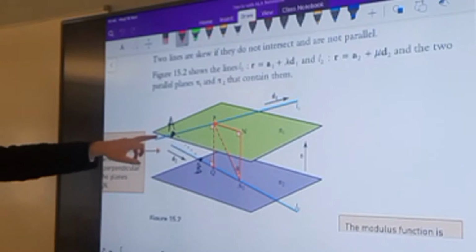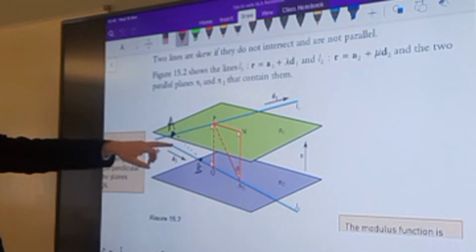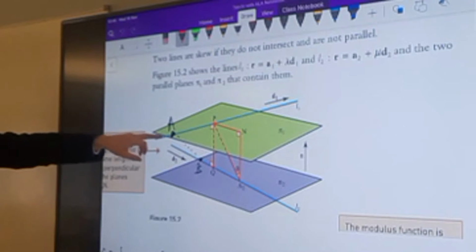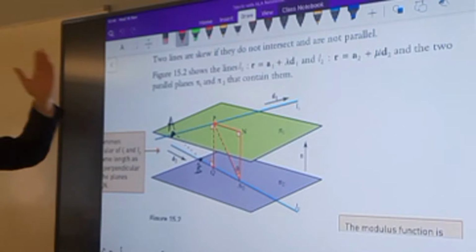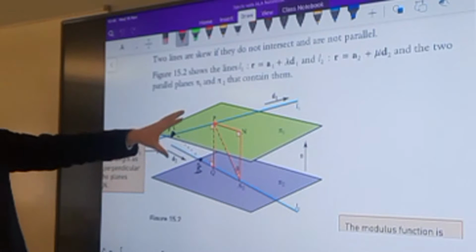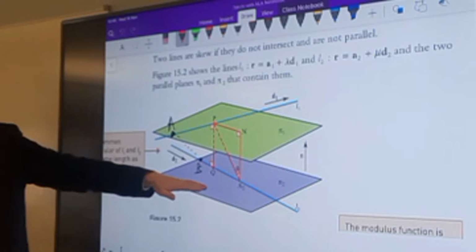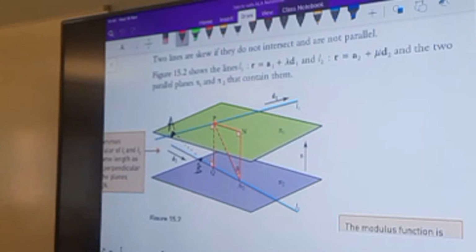Okay, here's my line joining the 2 skew lines. I can see from this diagram that the shortest distance between the 2 lines is the same as the distance between these 2 planes. I've got some videos I'm going to show you where to access as well.